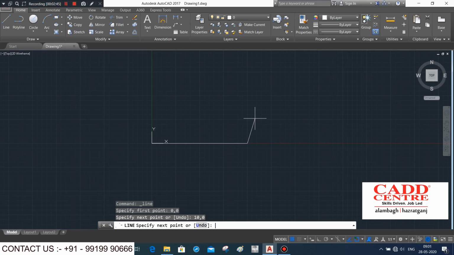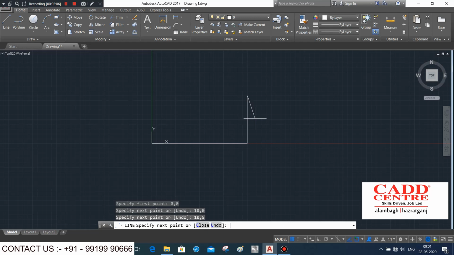Now we will draw another line in upward or positive y direction with coordinates 10, 5. We can see that again a line has been drawn in positive y direction.